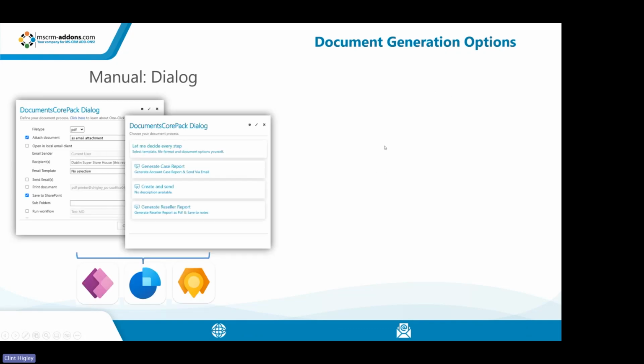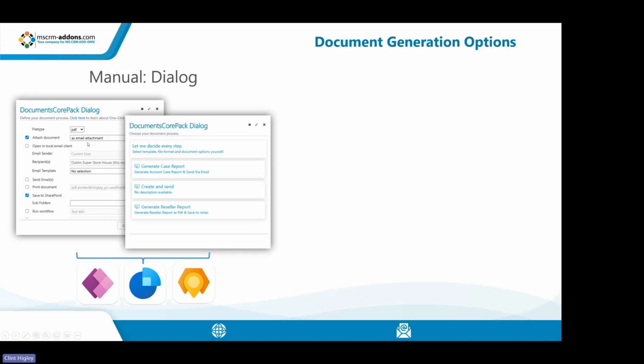All right. Let's talk about the document generation options that you have in all these. Of course, if you want to manually create any kind of documents, you do have complete use of the dialogue inside of these apps, right? As most of y'all, based on your responses to the survey, have used DocumentsCorePack before, so you've definitely used the dialogue before.